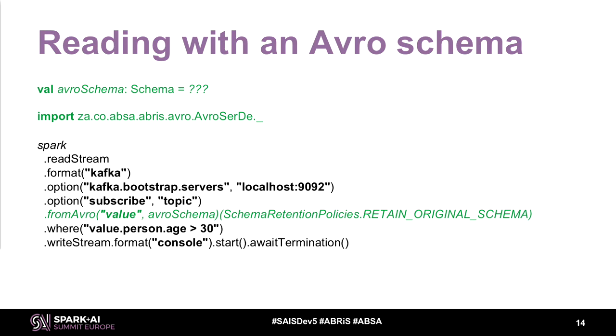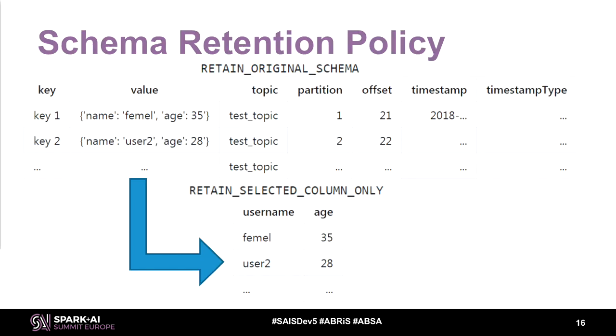Spark 2.4, this is as far as it goes, the functionality that they provide. Anything that follows is ABRIS-specific stuff that we would like to offer above that. Now, there's a third parameter that you can see here, which is the schema retention policy, which I will tell you about now. It's basically ABRIS's way of asking, do you want to keep the original schema of your dataset, or do you just want the Avro records to become your top level representation?